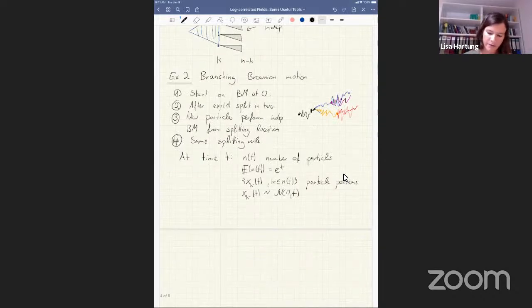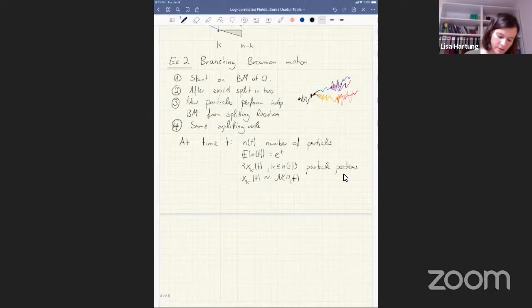Another example which falls in this class of log correlated fields, which I also would like to mention, is the 2-dimensional discrete Gaussian field.